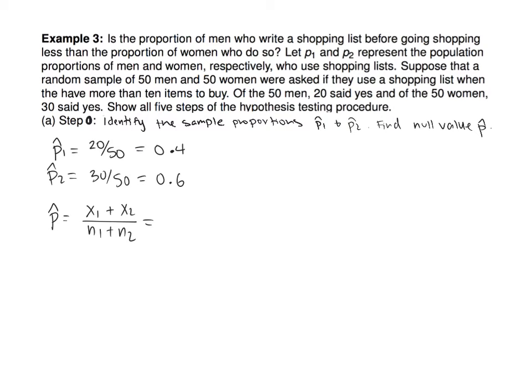So the number who made lists in the men's sample was 20, plus the women's sample, there were 30, out of 50 plus 50. So this ends up equaling 0.5. Now the reason that ended up being the average of P1 hat and P2 hat is because those sample sizes were equal. Had that not been the case, this wouldn't be true.